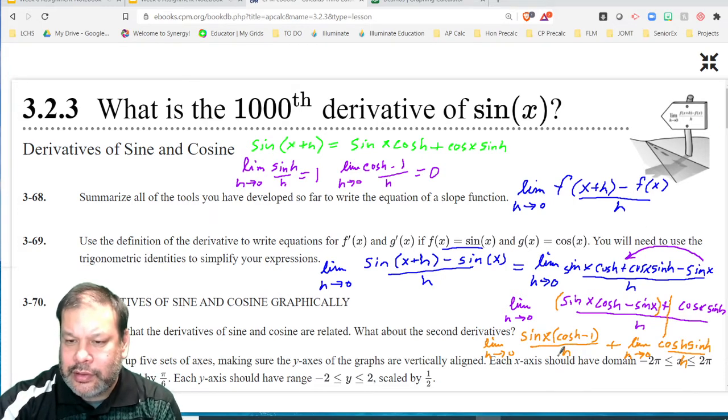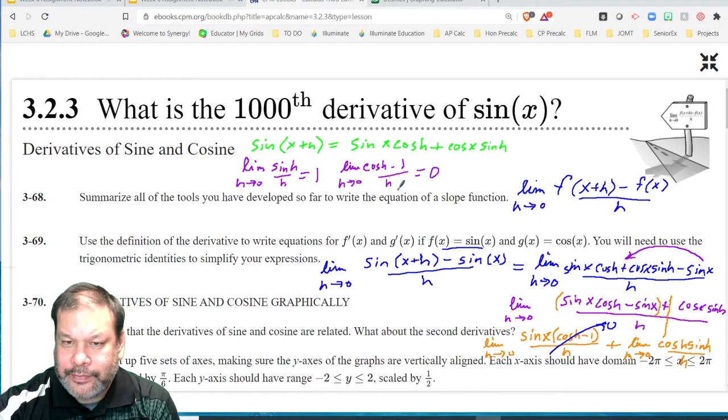So using these known limits, we can see that this limit here goes to 0 because it's the same as this right here: cosine h minus 1 over h goes to 0. And this here, sine h over h, goes to 1.